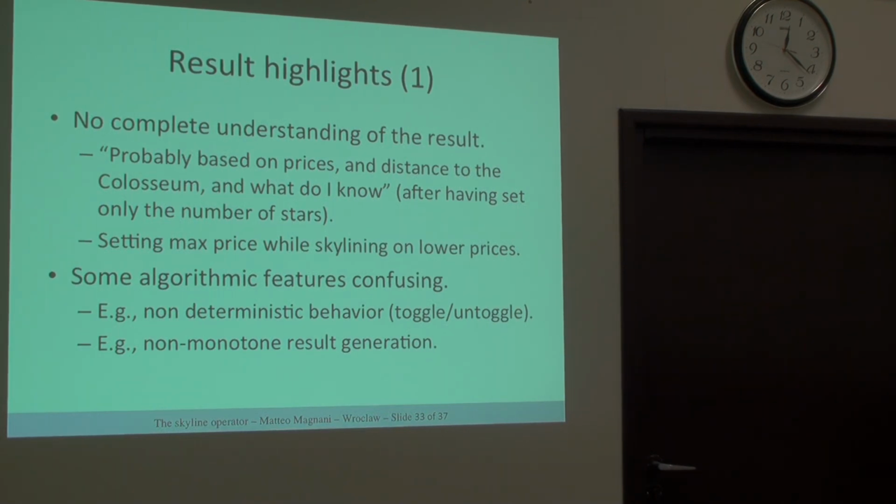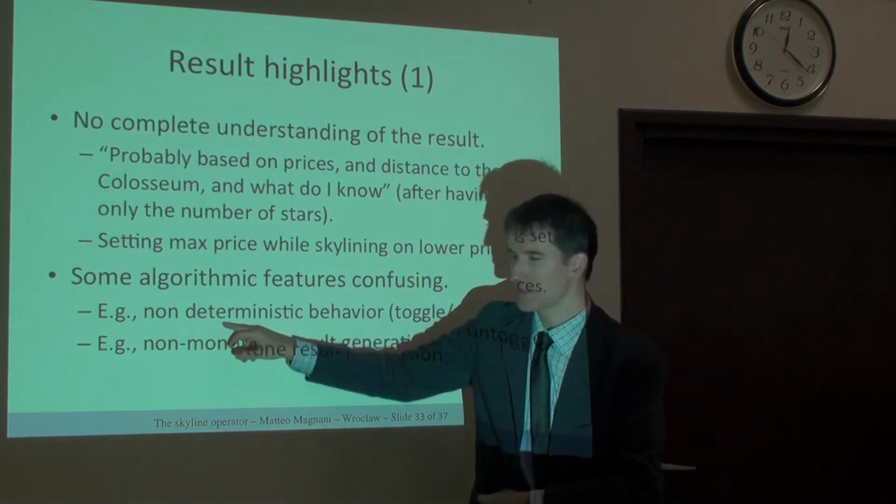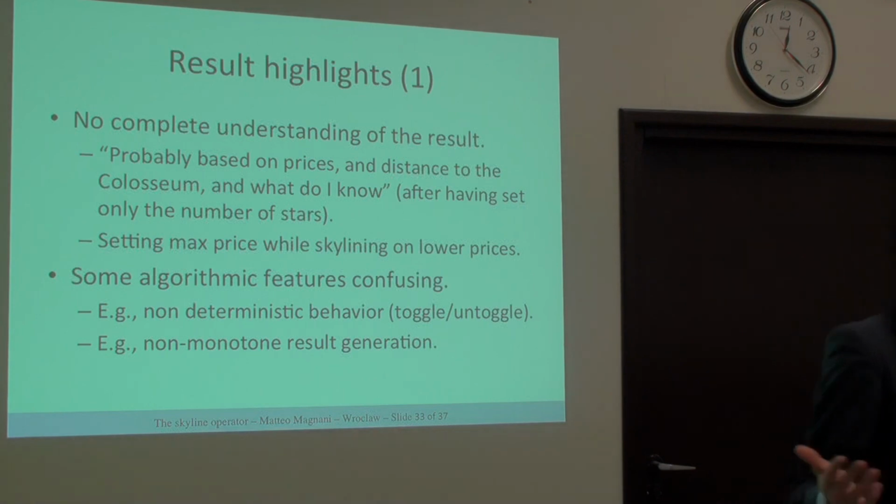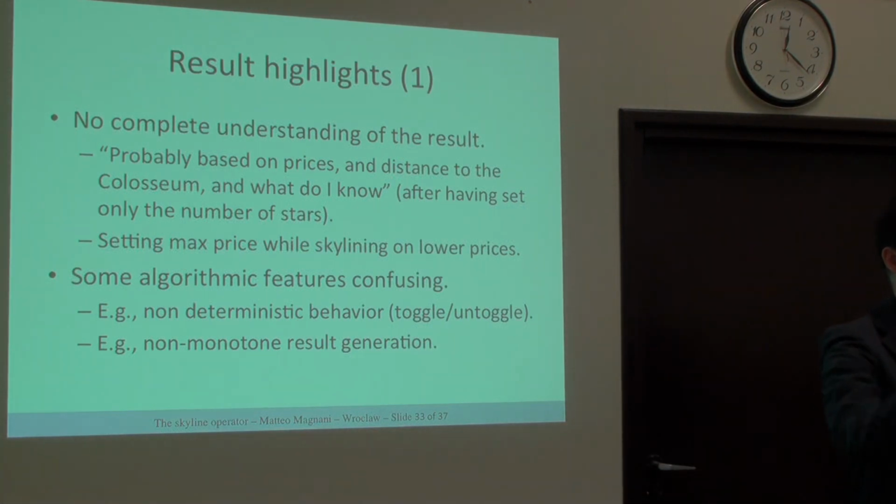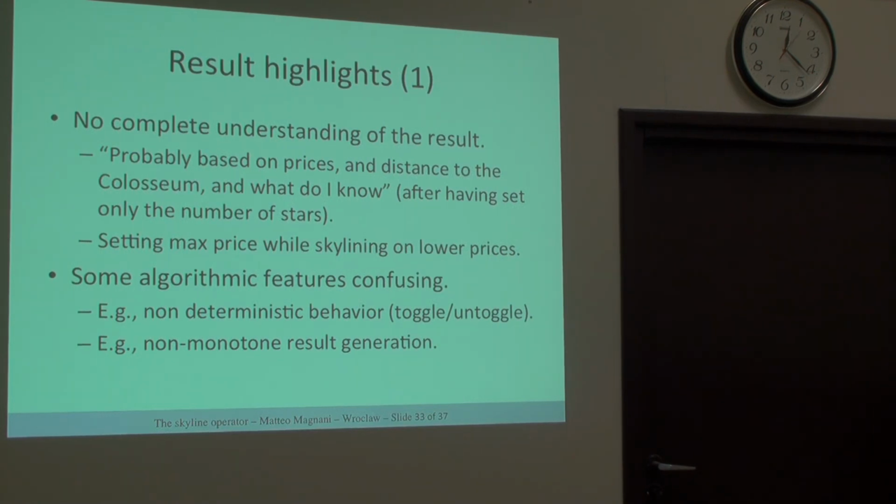Even if they are very cool mathematically, when you use them there and they have some non-deterministic behavior, users might get completely lost. Like some users start toggling and untoggling a parameter, like I want it to be cheap, no, I want it to be cheap, no, I want it to be cheap. And every time he does that, using a very advanced stochastic algorithm, he will get a different result saying this is the best result.